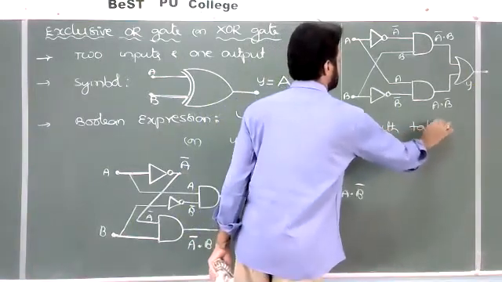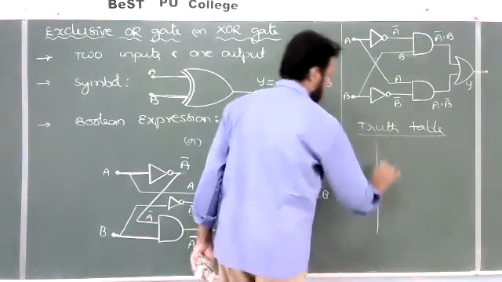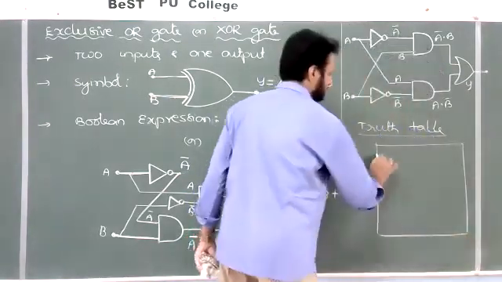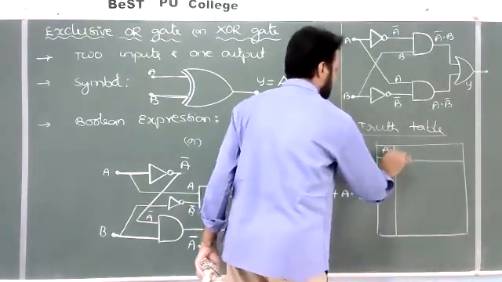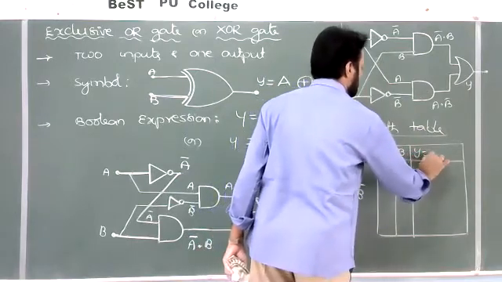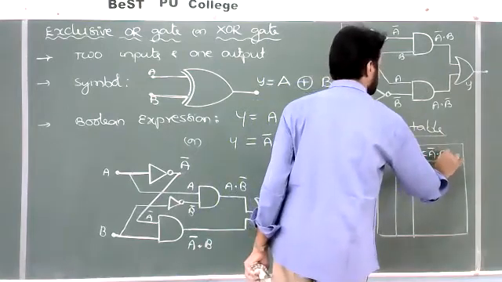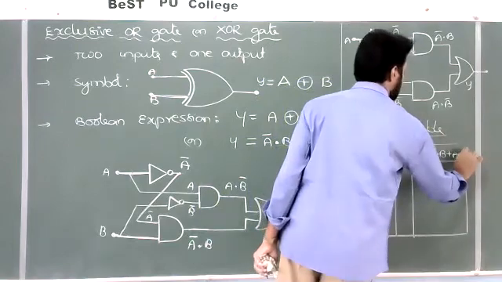Truth table. It has two inputs and one output. First one A, second B, Y equals A complement into B plus A into B complement.